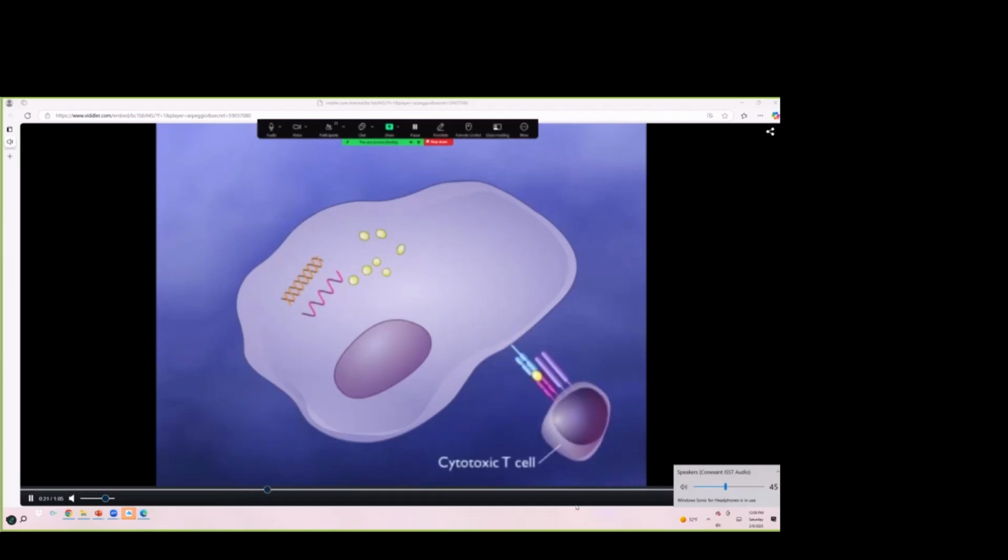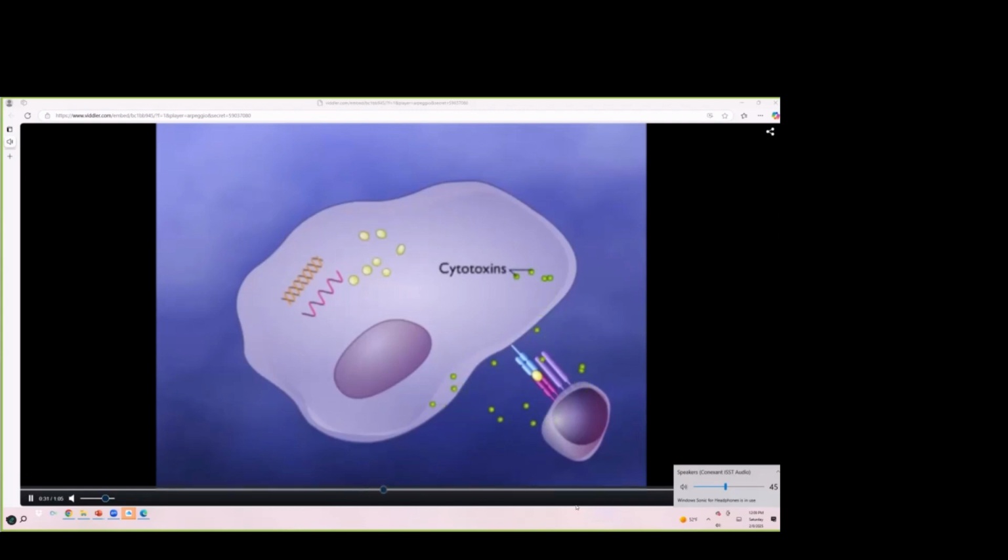Cytotoxic T cells interact with the virus-infected cells by recognizing both the viral antigen and the class 1 MHC. The cytotoxic T cell then releases perforin molecules which create pores in the plasma membrane. Enzymes called granzymes are delivered into the pore, which cause the cell to undergo apoptosis.